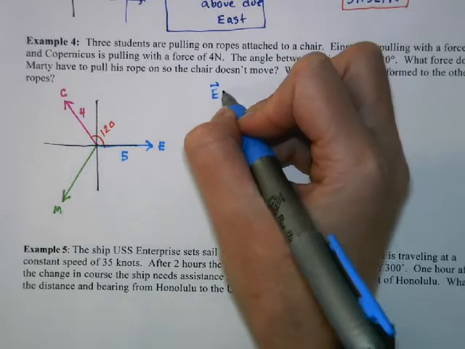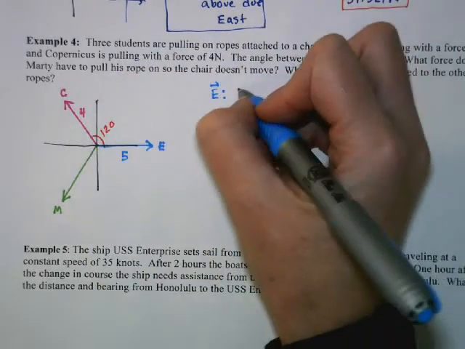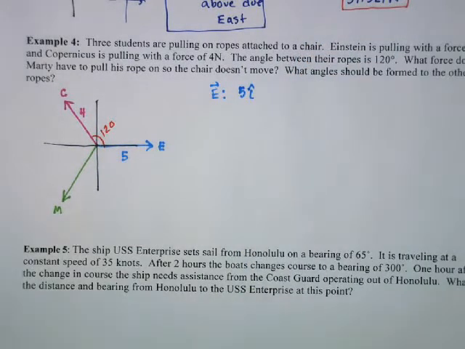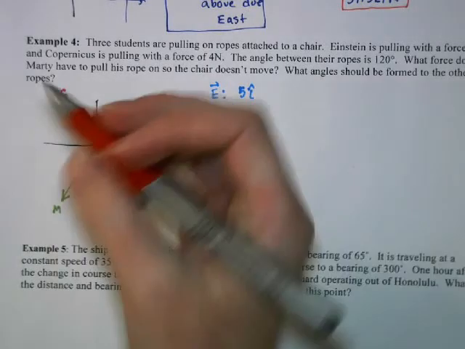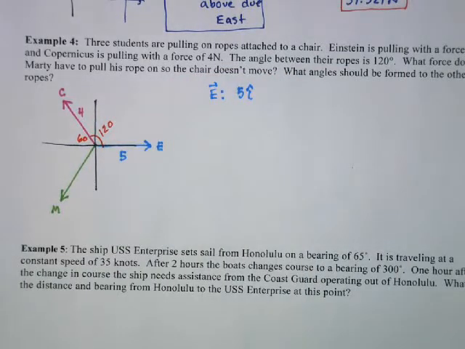So let's break this down into vectors and see what we can do. Okay. My Einstein here, I just have going component-wise just 5 in the x direction. Copernicus, if that's 120, this angle is going to be 60, and then I'm going to have a negative positive.